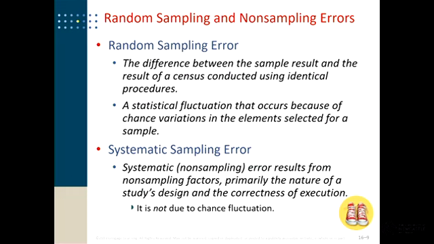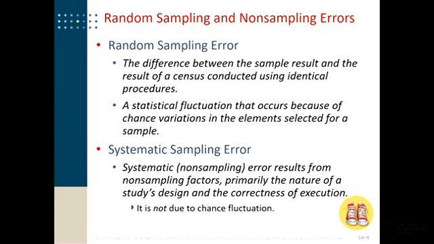Yes or no? Yes. It's possible that you very carefully design your sample, but still your sample is not very accurately representing your population. That we call random sampling error.